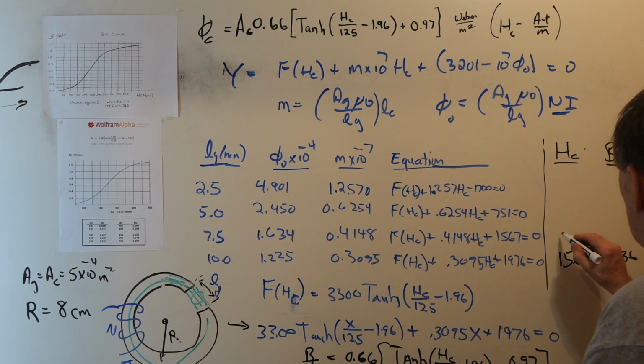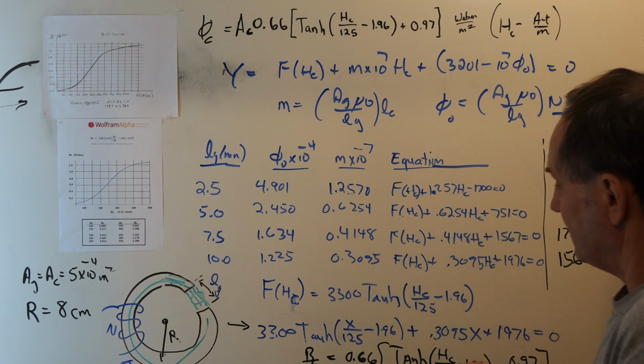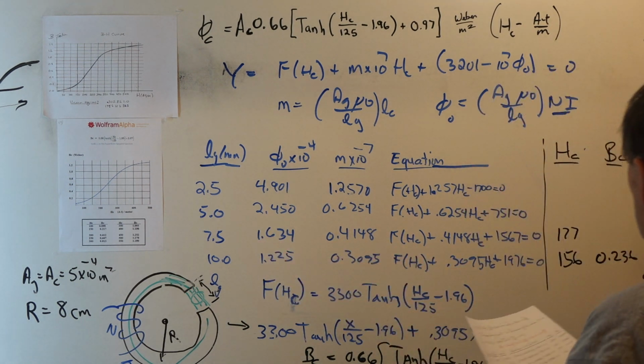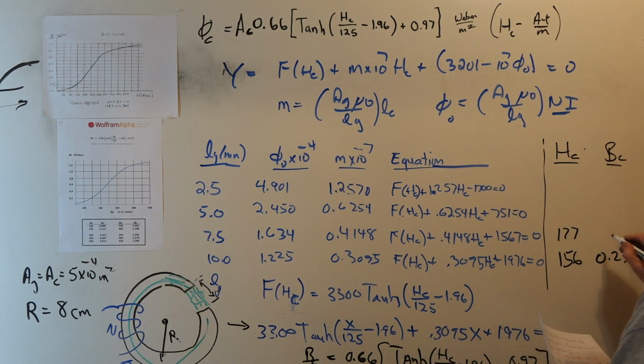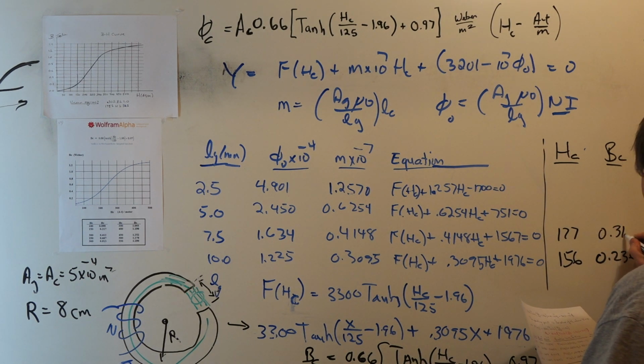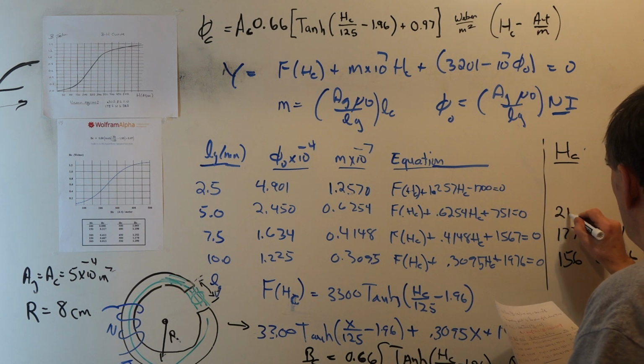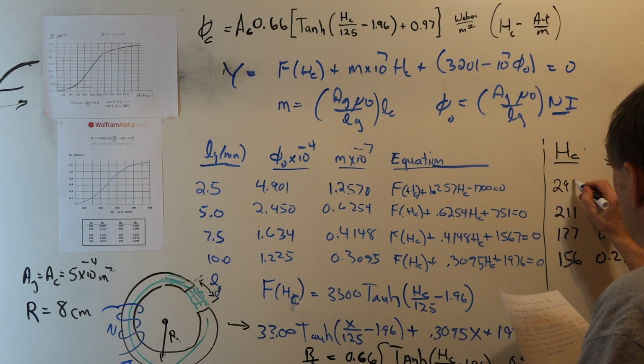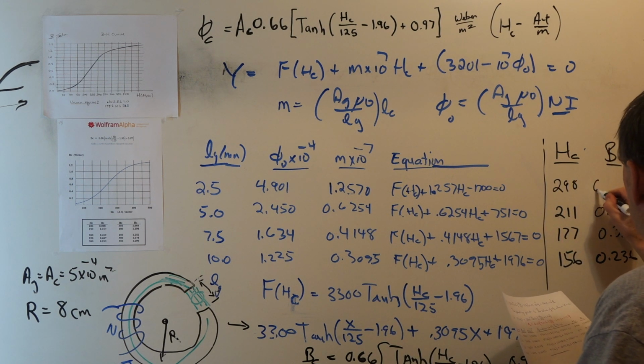So once we do that, you'll find that it's 0.236 if I use this equation here for a 7.5 millimeter gap. These are the values. For the 0.5 millimeter gap, here are the values. And for the 2.5 millimeter gap.